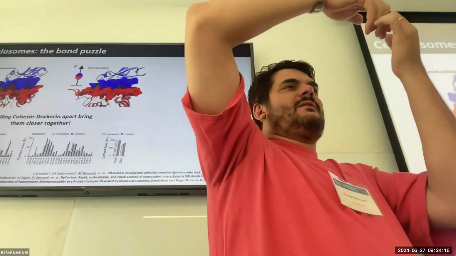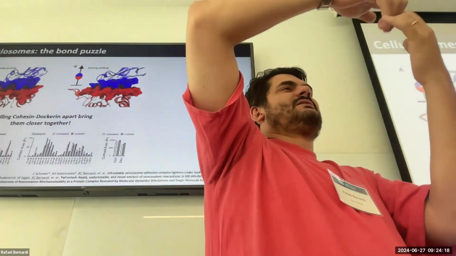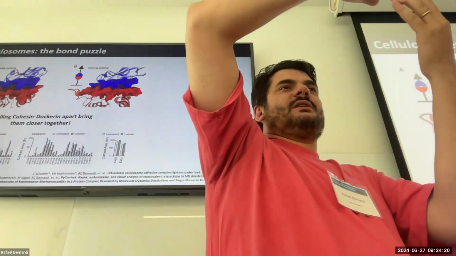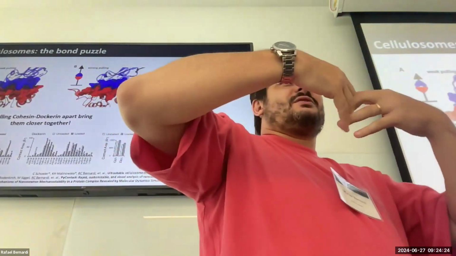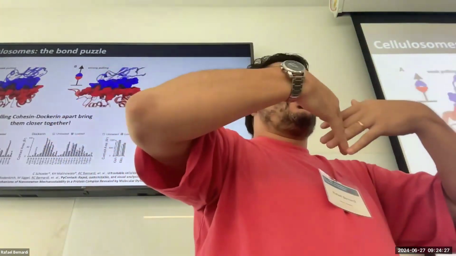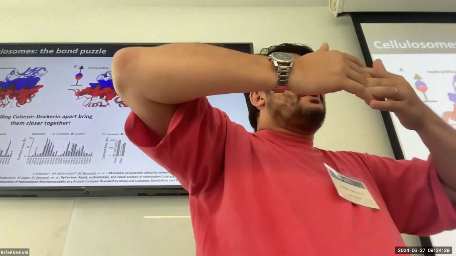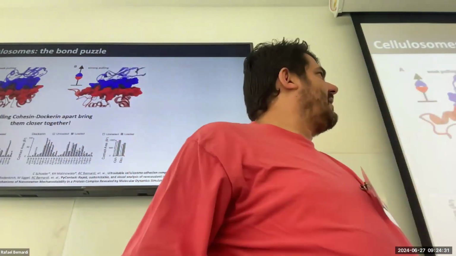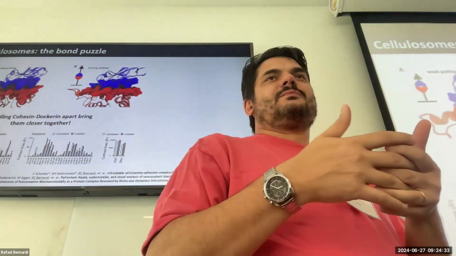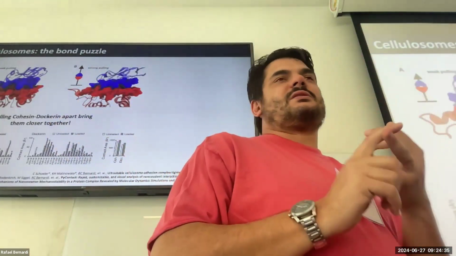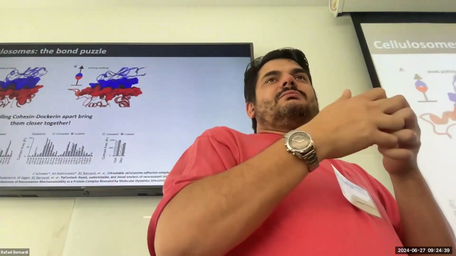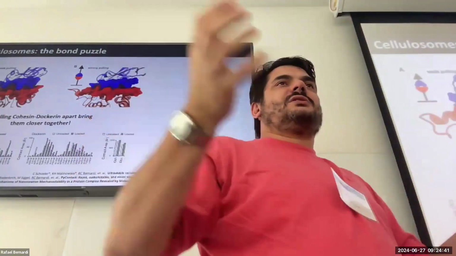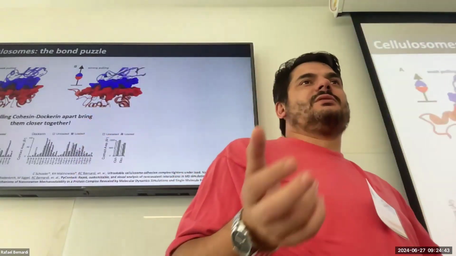But if you start applying force, somehow the side chains reorganize and their contact area goes up. So if I try to pull them apart, their contact area went up, and because of that, they became stronger. There are no extra hydrogen bonds, no other things happening other than the contact area. They just have this larger interaction area, and because of that, they become stronger.